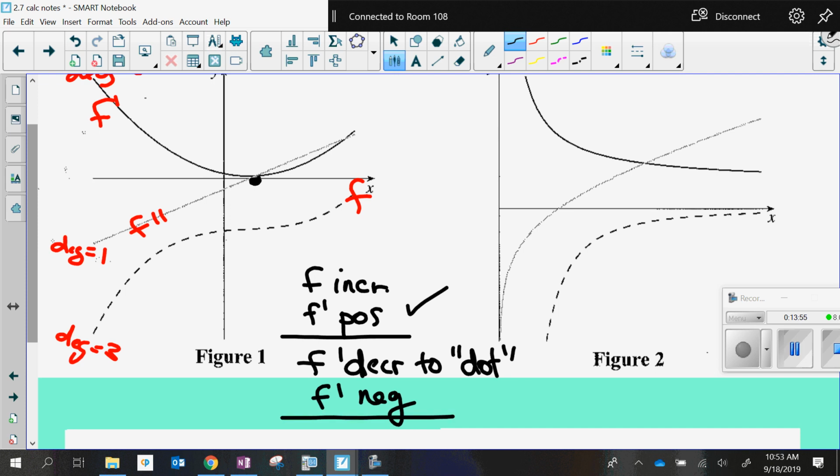Okay, and then it's positive from the dot to the rest of it, and remember we're talking about an x value, so let's say x equals 1, and then from negative infinity to 1.